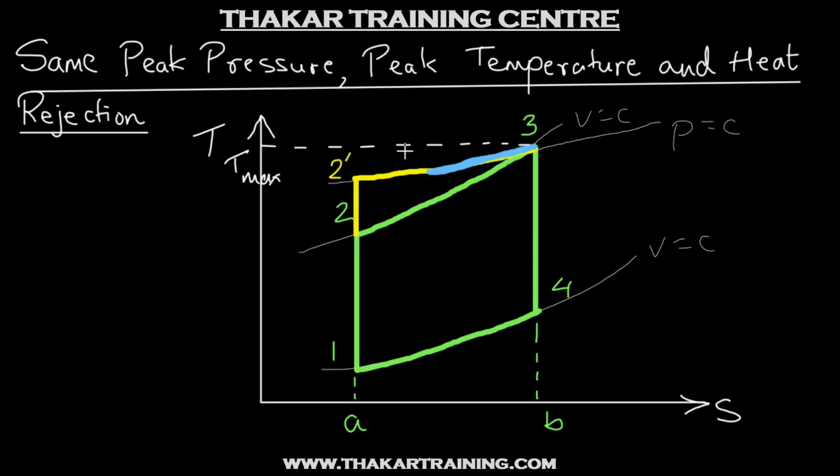So I'll need to draw a constant volume line once again, which I'll draw from this point. This point we usually call it as 2A. So let me mark it first. This is point 2A. And now I'll draw a constant volume line at point 2A. So let's suppose something like this. This is a constant volume line at point 2A.